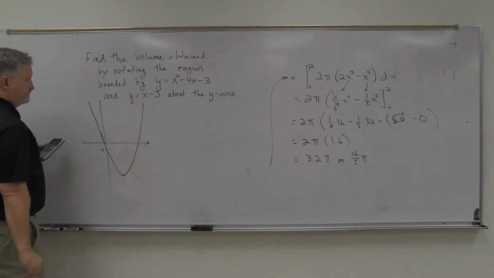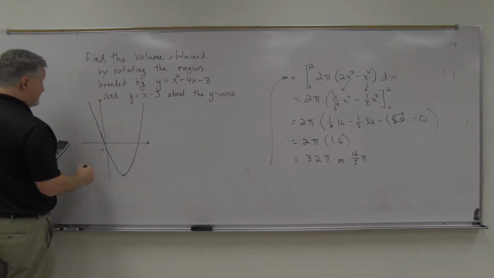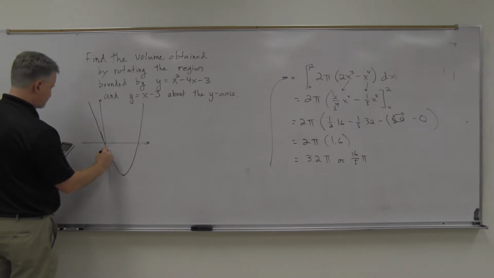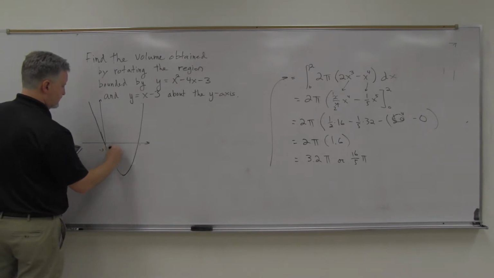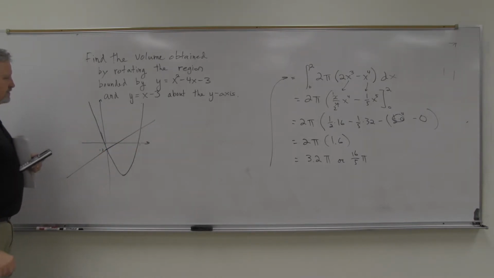That should be -3, where it intercepts the y-axis, and y equals x minus 3, and shows it sort of like that, roughly speaking.